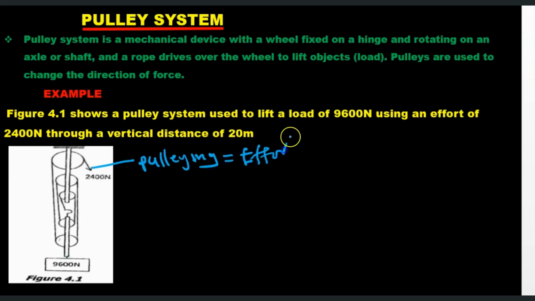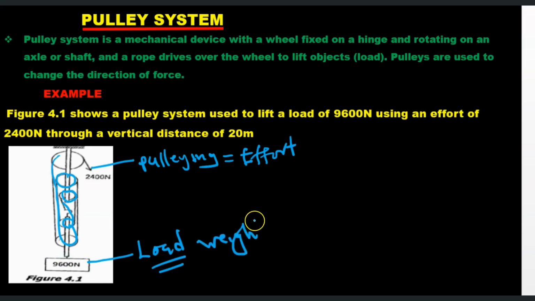As you are pulling, these ropes are rotating around the wheels, and lifting what is down here, which is the load. The weight that you are lifting here we said is the load.